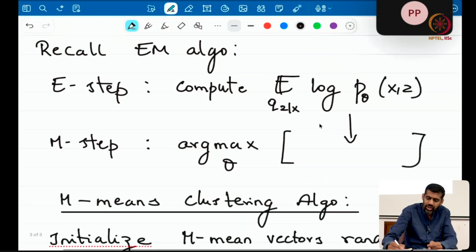And by the way, what is the optimal q of z given x in EM? Actually, the E step also has one other thing, right. You have to set q of z given x to be p theta of z given x, right. This is there, we also have this, right.